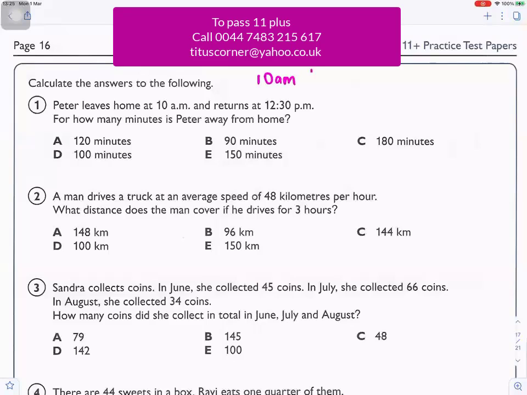So 10 a.m. to 12:30 p.m. is 2 hours and 30 minutes. There are 60 minutes in 1 hour. So 1 hour is equal to 60 minutes.